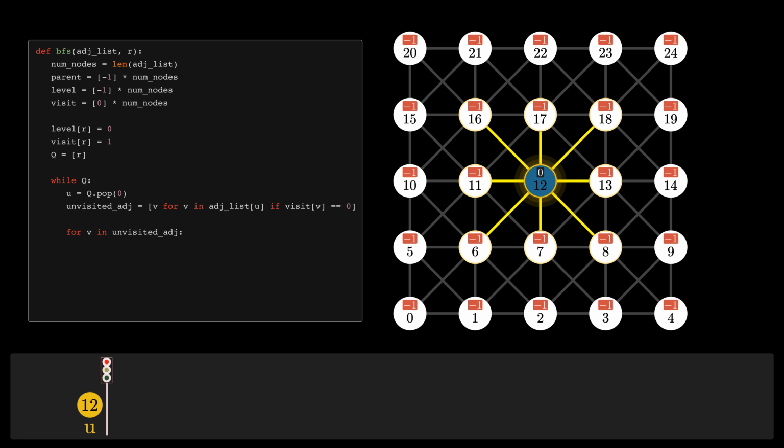We set the parent of the node V to U. We set the level of the neighbor node V to the level of the node U plus 1 and mark the node V as visited. And finally, we append the node V to the queue. And once the queue is empty, we can return the parent, level and visit lists.